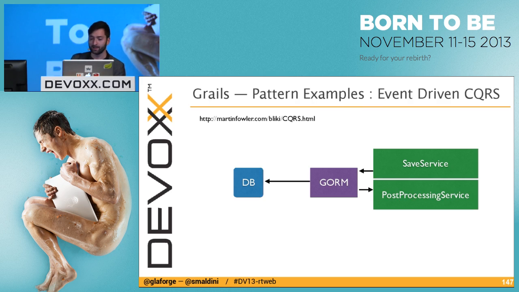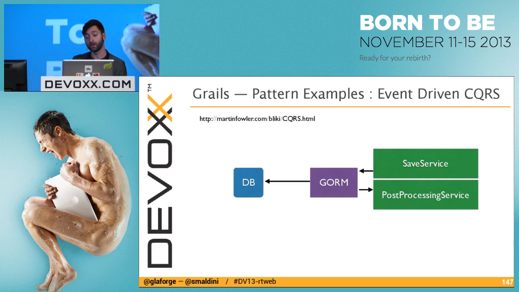So one of the first things you can do with Reactor in your Grails application is applying the event-driven CQRS pattern. It's quite efficient if you want to have a separate service to post-process your data once you're sure there is something in your database.